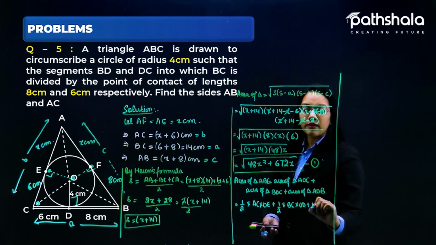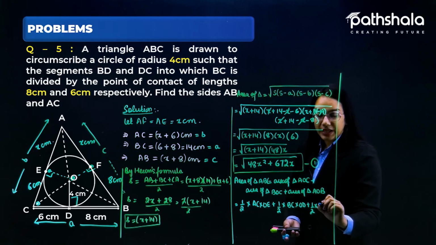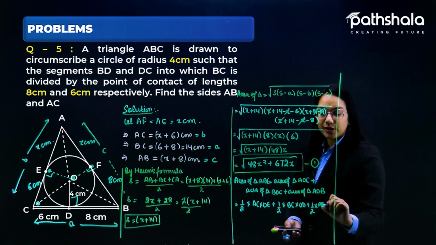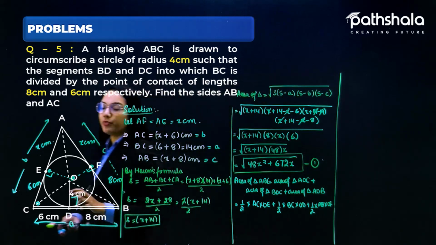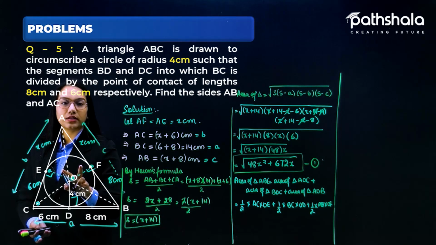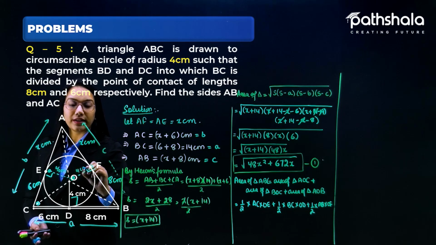Plus, in a similar manner, half into base, base is AB, and height is OF. Now since all these are radii of the circle, we know the radius is 4 centimeters. So this is also 4 centimeters, and this is also 4 centimeters.